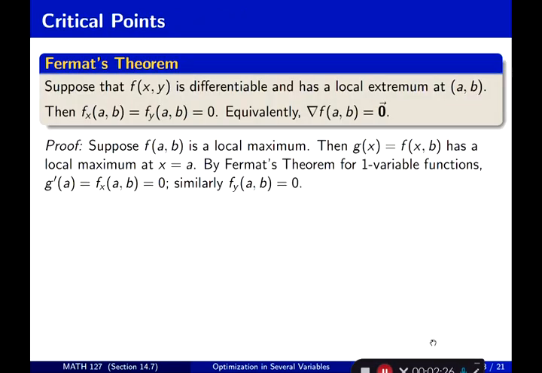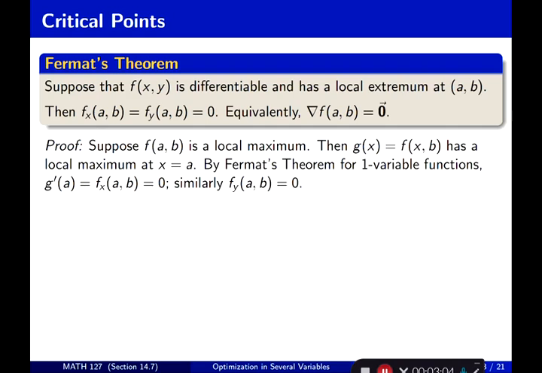So let's remember the story of Fermat's theorem. Fermat's theorem basically told us that if there is a local min or local max, and the function is differentiable, then the derivative has to be 0 at that local min or local max. Now, let's use Fermat's theorem for multivariables. Suppose that f of x and y is differentiable and has a local extremum at a and b.